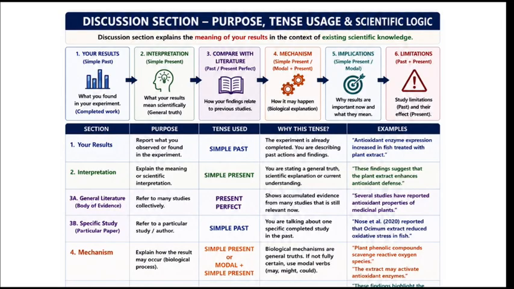Sometimes we try to show evidence for our results. Our results are already evidence, and we try to show similar evidence for them. In such cases we report specific studies from previous researchers.